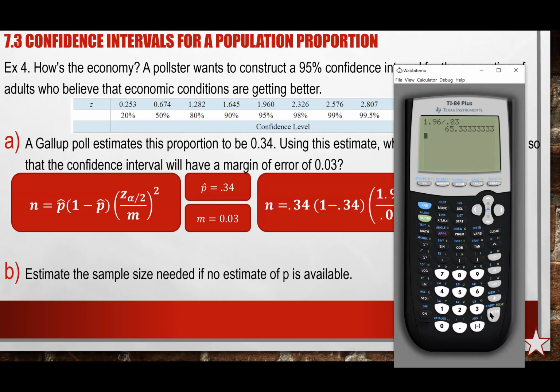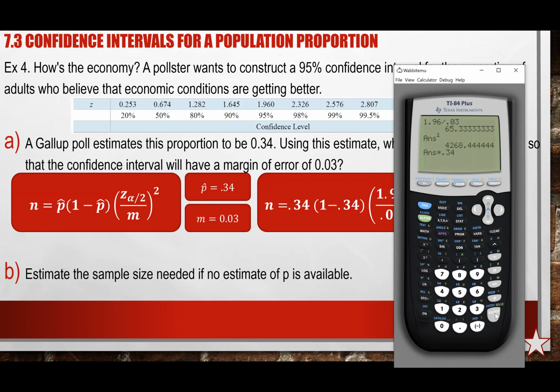And then whatever this answer is, I just tell my calculator, take this answer, which is 65.33333, square it, which is the critical value divided by the standard error squared, right? So once I have that, all I need to do is take that answer and multiply it by 0.34.